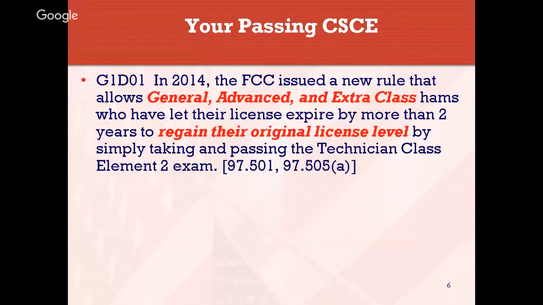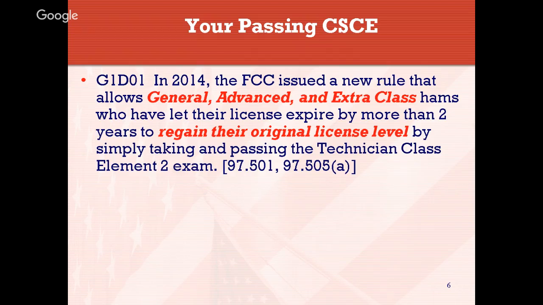In 2014, the FCC issued a new rule that allows general, advanced, and extra class hams who have let their license expire by more than 2 years to regain their original license level by simply taking and passing the Tech Class Element 2 exam.